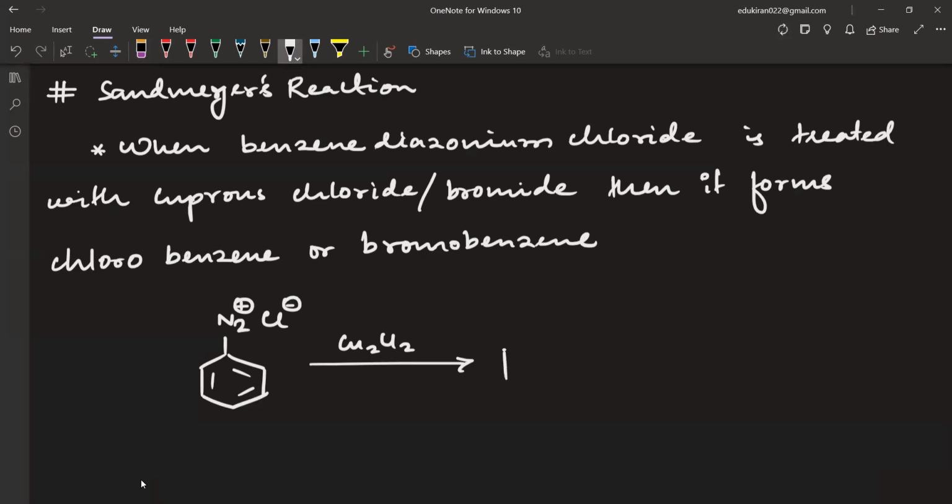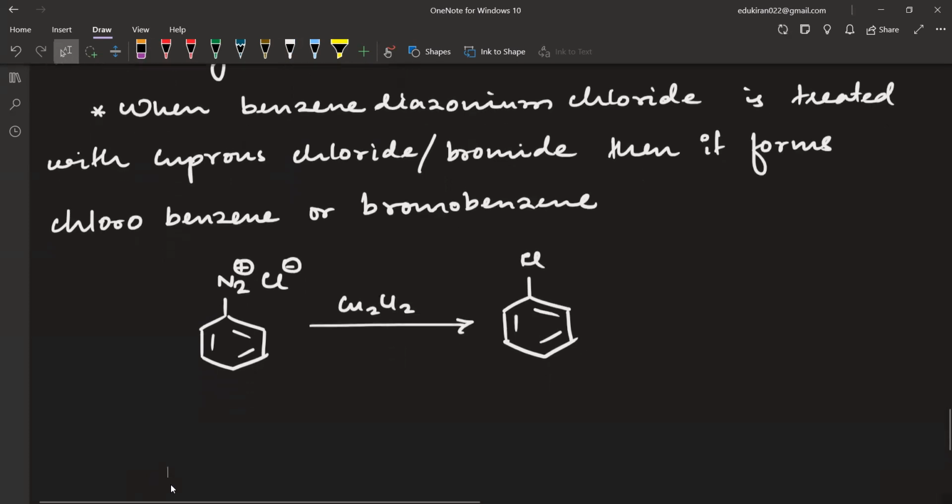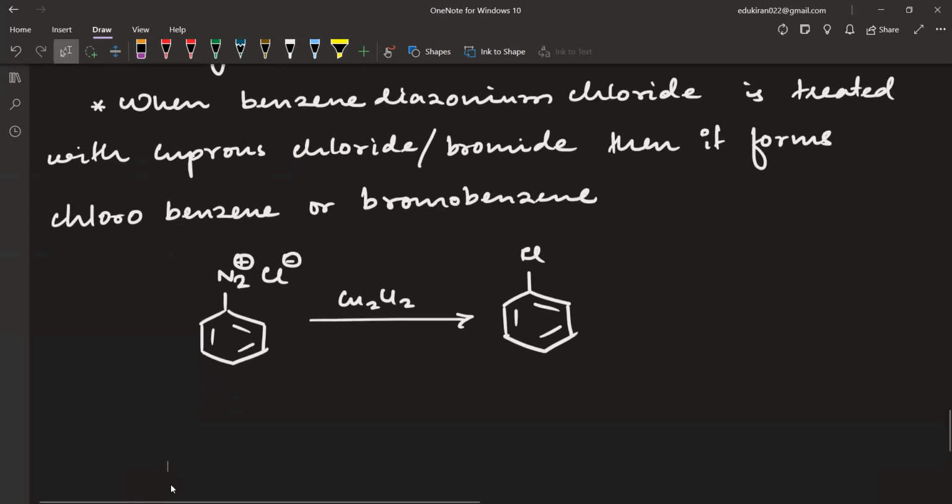What you will be getting here is chlorine. So what happens to N2? N2 nitrogen gas बन के निकल जाता है. Nothing happens to N2. Got it?